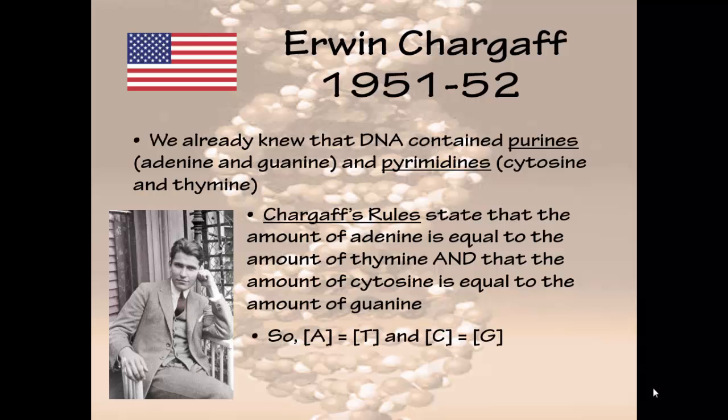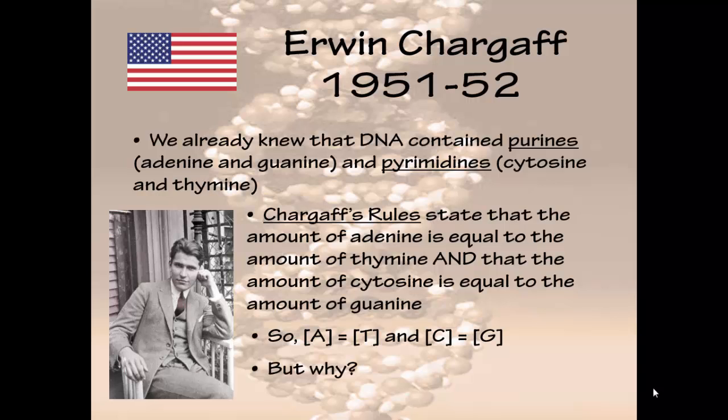Another way we can write those amounts, the concentration, is with these big square brackets. So the concentration of adenine is the same as the concentration of thymine in DNA, and the concentration of cytosine is equal to the concentration of guanine. Those are Chargaff's rules.